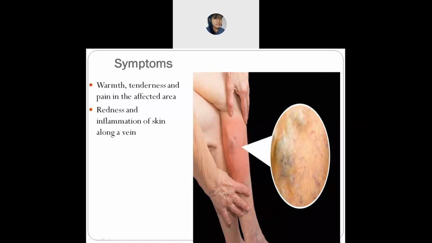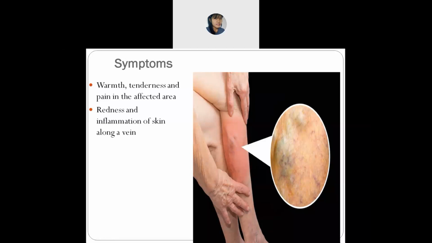Since there is inflammation, it will appear red in your skin as well as in the superficial vein. It will affect both your skin and your vein.